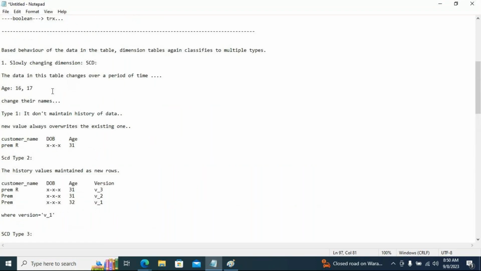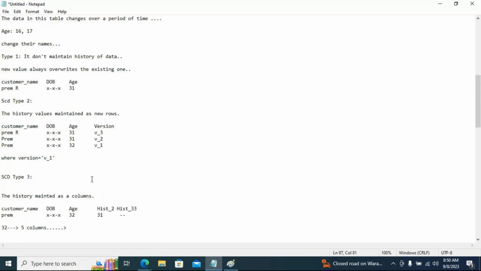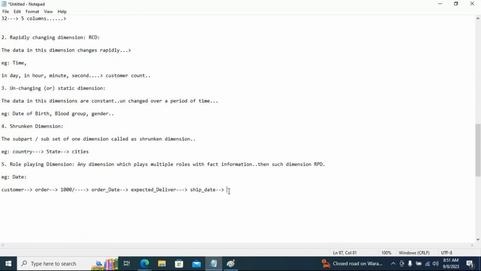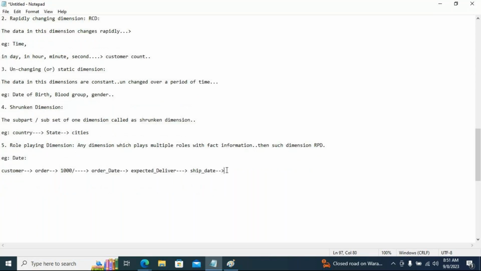When a shipment starts delivering to the customer, it will play multiple roles. So shipment start date, shipment shipped date, shipment warehouse date, shipment out for delivery date, delivery date and time, accordingly shipment delivery date.